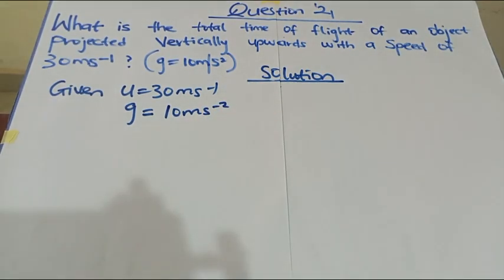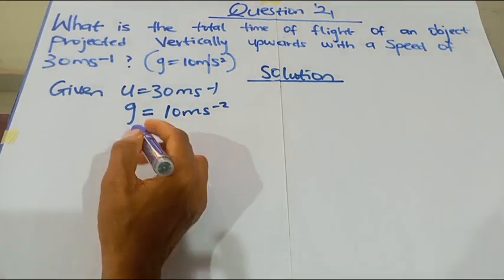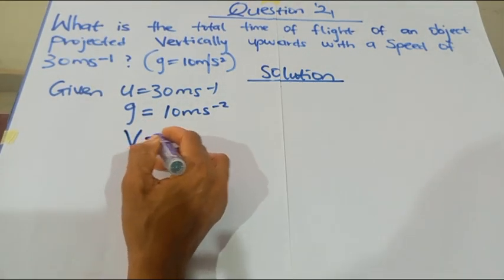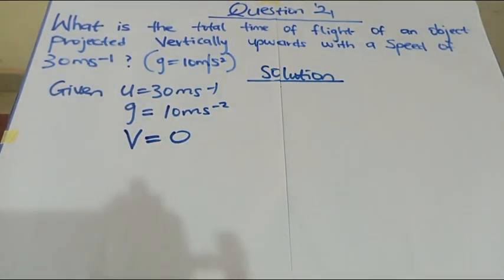Then remember, when an object is projected vertically upwards, the final velocity is 0. This is the first thing to note. When an object is projected vertically upwards, the final velocity v is 0.